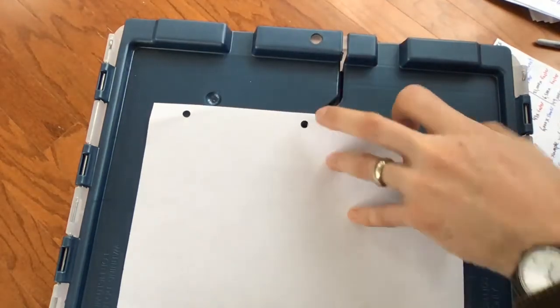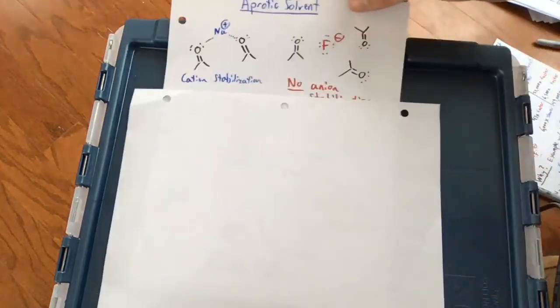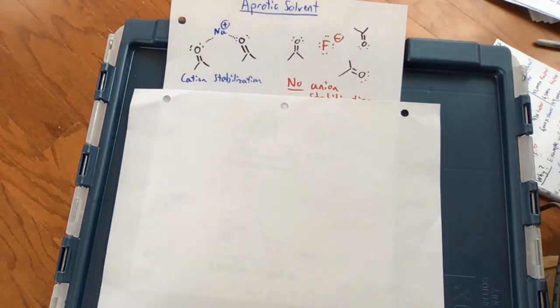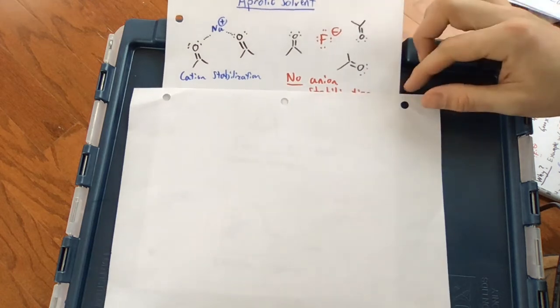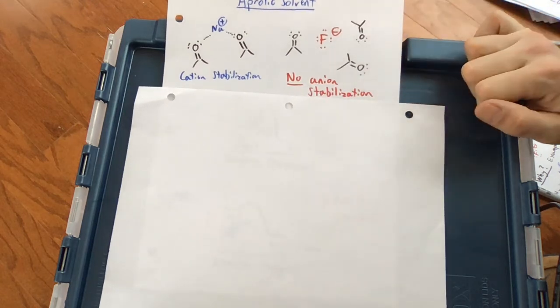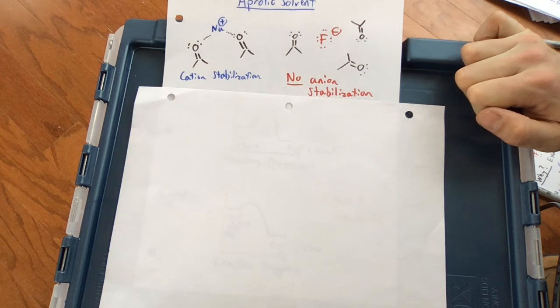However, in an aprotic solvent, the story changes, because now, again, you have the cation stabilization, but you don't have any anion stabilization because there are no good hydrogen bond donors, no acidic hydrogens that you can do good hydrogen bonding with.